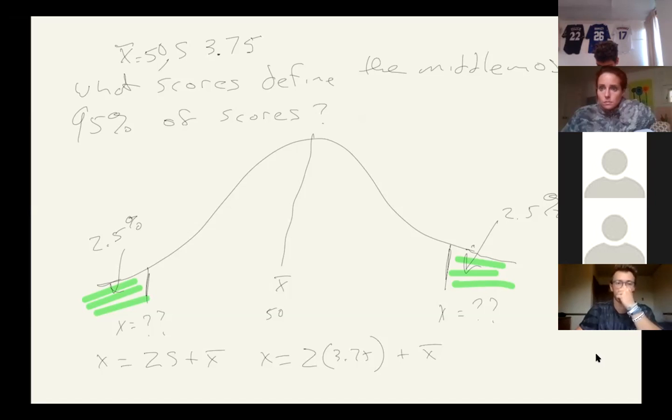Okay, so in order to get to that x equals, we know the mean, we know the standard deviation, but what we don't know is the z-score. And I apologize because I didn't mean to write mean there. I meant to fill in what the mean is, which is 50.